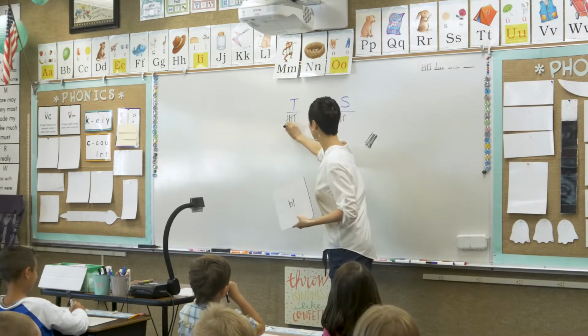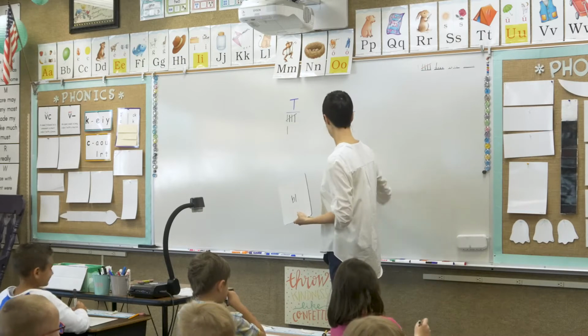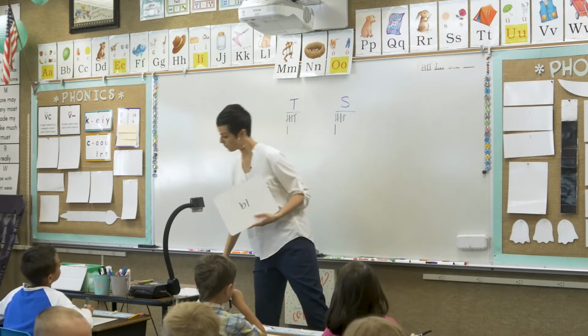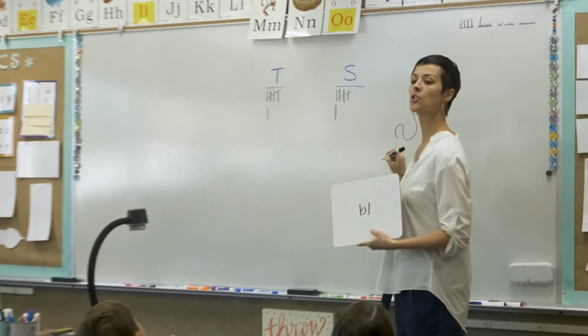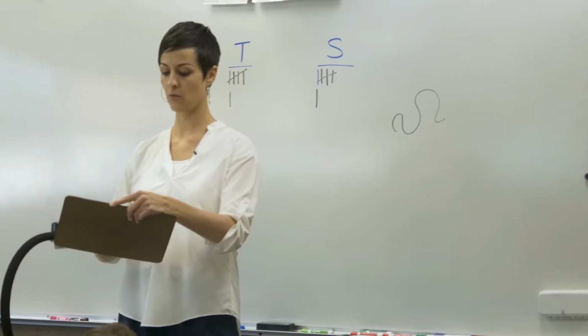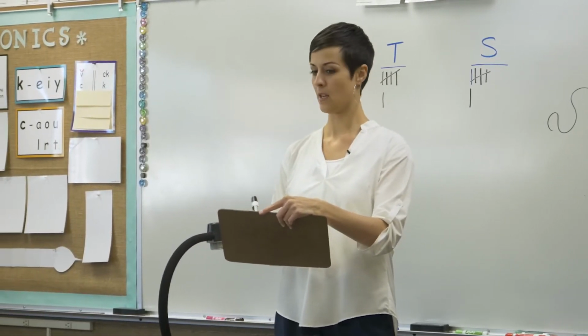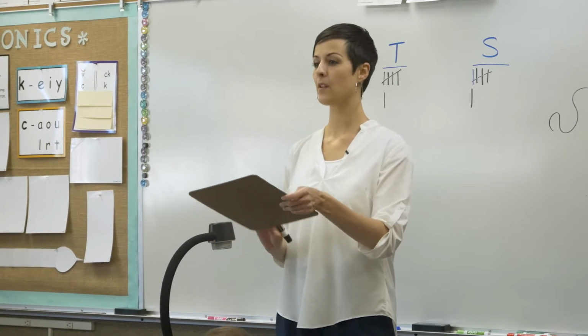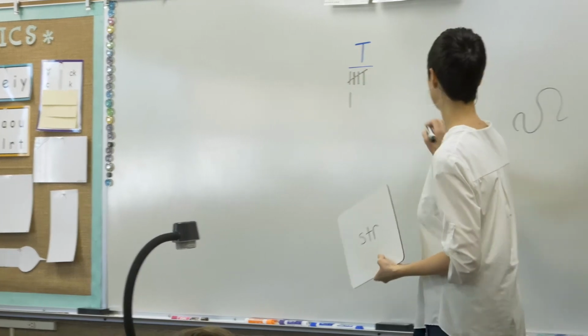Okay. Maybe I need to get a little trickier because we both got that. Erase. Next word. Tell me what are the first maybe 3 letters in string. First 3 letters in string. Time's up. First 3 letters are S-T-R. Okay, I need to get trickier.